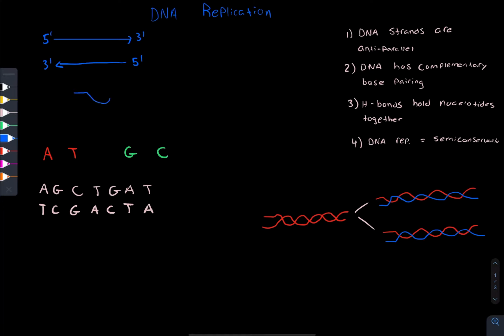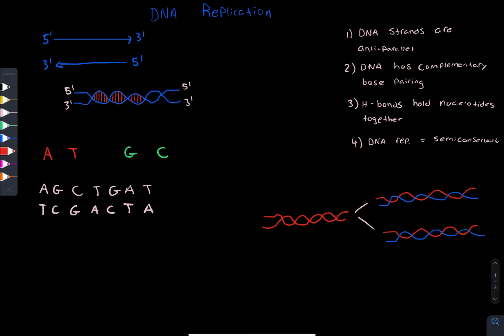So we're going to have two strands that run anti-parallel, which means one strand is going to run in a 5' to 3' direction, and the other strand is going to run in a 3' to 5' direction. And this DNA is going to have these bonds that are going to hold the two strands together. And these bonds are going to be hydrogen bonds.